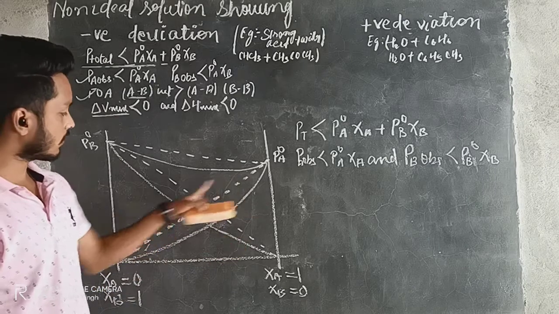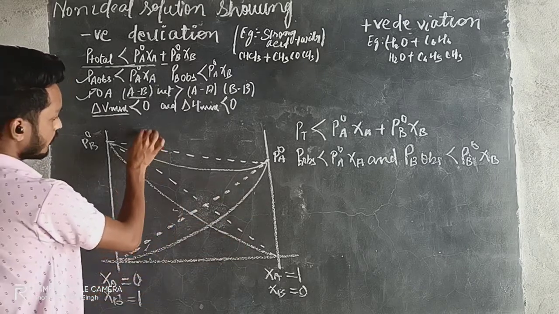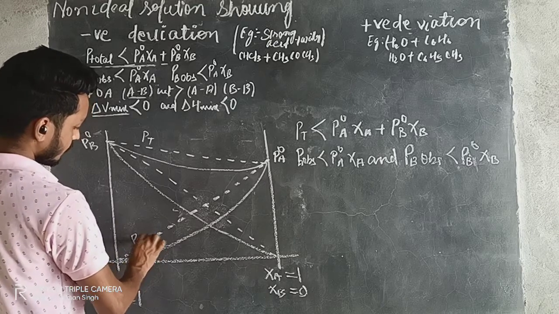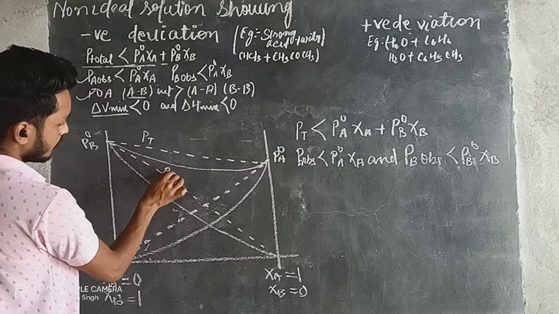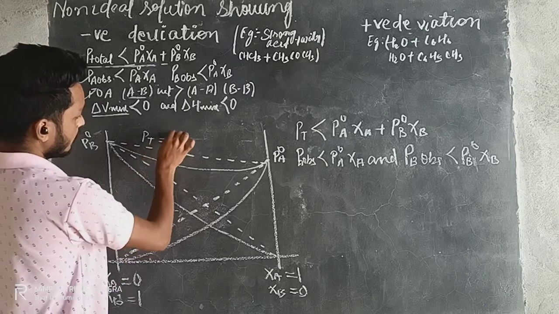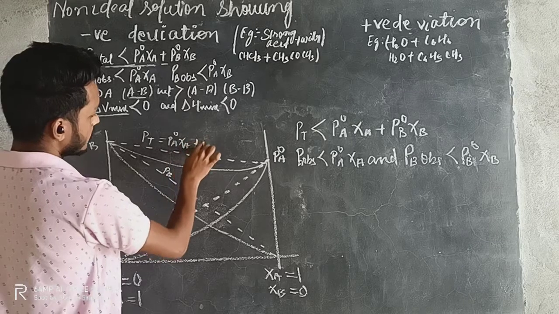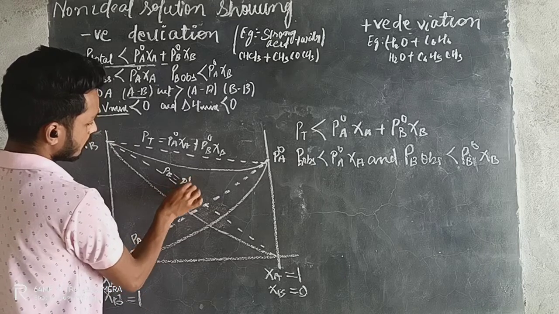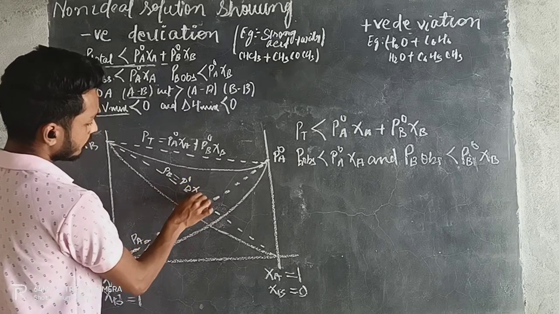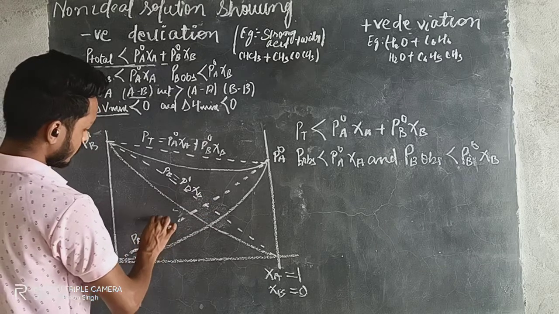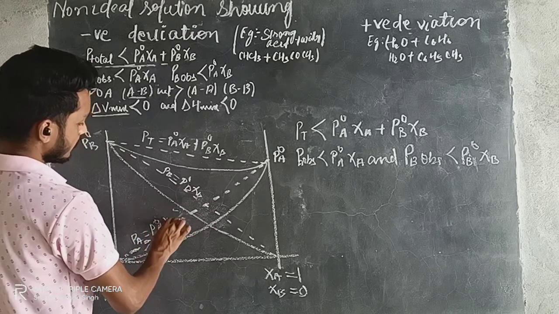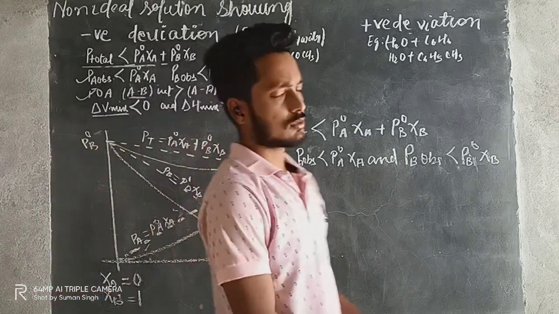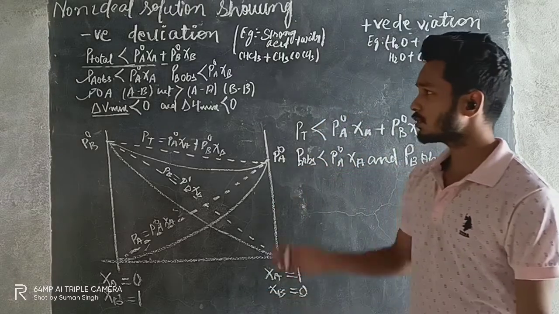You just see the graph is going like this. This is our P total, this is our PA, and this is our PB, right? So P total will be P naught A zeta A plus P naught B zeta B, and here PB is P naught B zeta B, and here also P naught A zeta A. So this is the graph of a non-ideal solution showing negative deviation.